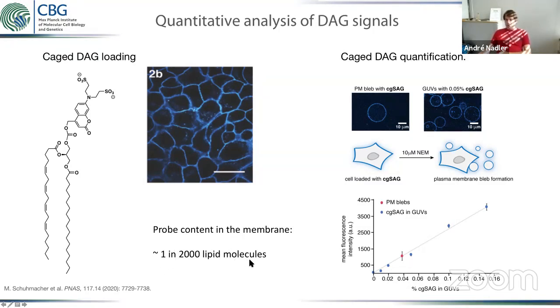And what this means is that the probe content in the plasma membrane is roughly 1 in 2,000 lipid molecules. This is something that I want to highlight because we often get the question whether this actually has structural implications for the membrane. And I think if you have a content that is so low, this is something that you can rule out. It's also something to keep in mind about the limitations of this approach.